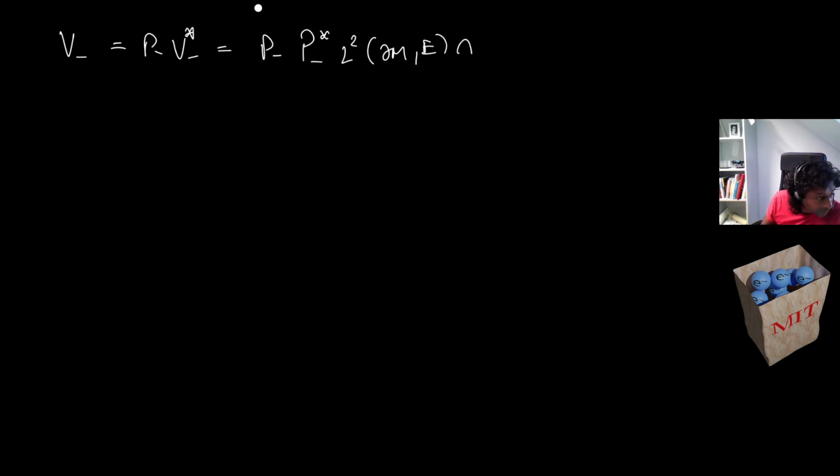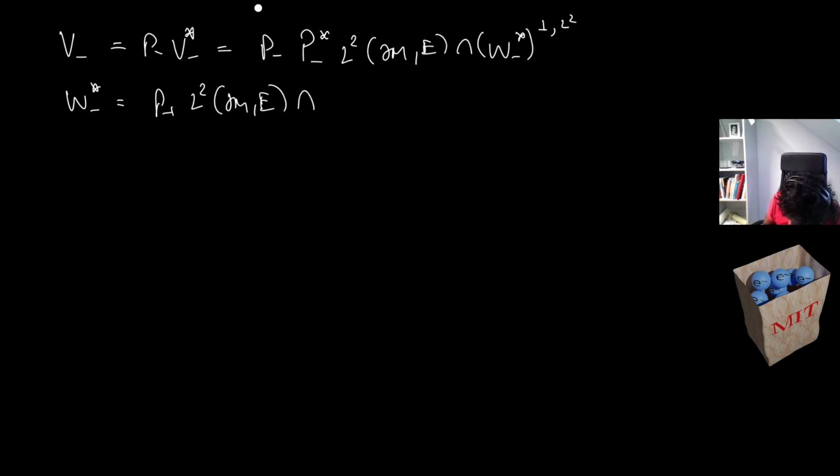But the main point was that we showed, maybe just for the spaces of interest, the thing that I really want is we had this V minus, which was equal to P minus V star minus, which was P minus acting on P minus star of L2 intersected with the orthogonal complement of W minus star in L2, where, if we remember, W minus star we defined as P plus L2 of the boundary condition.